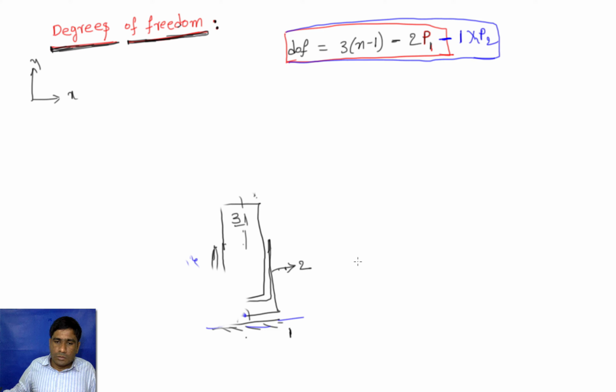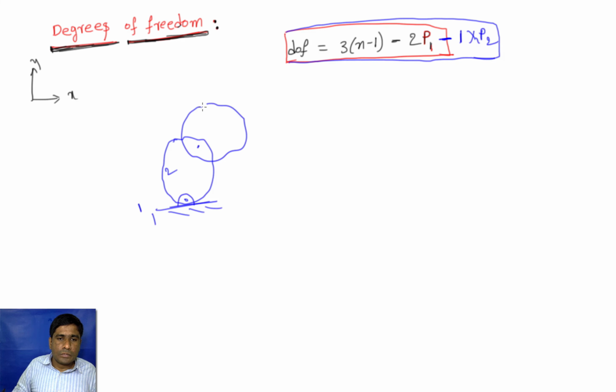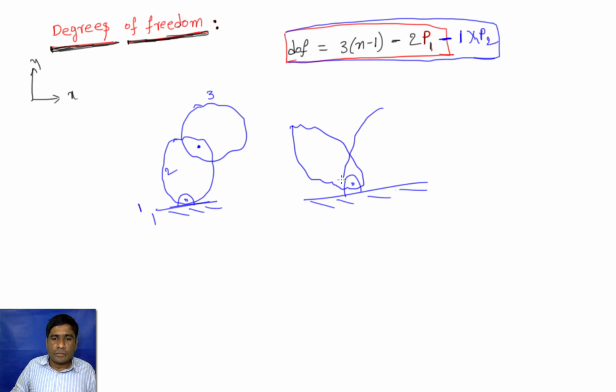Like in the previous example, we have considered this example, like one body, this is a body 1, and this is the body 2, and this is the body 3. So instead of having hinge here, if I write these 3 bodies like this, this is the body 2 and this is body 3. This is 2 and 3.